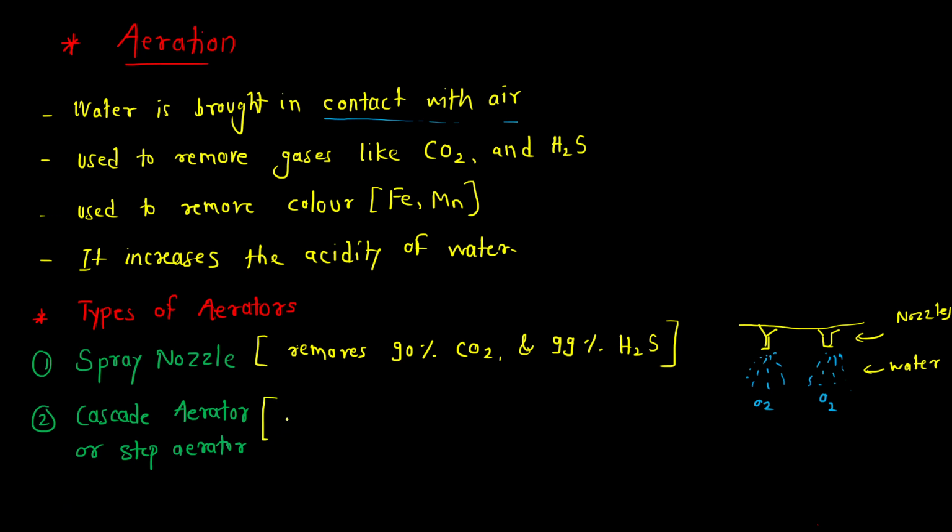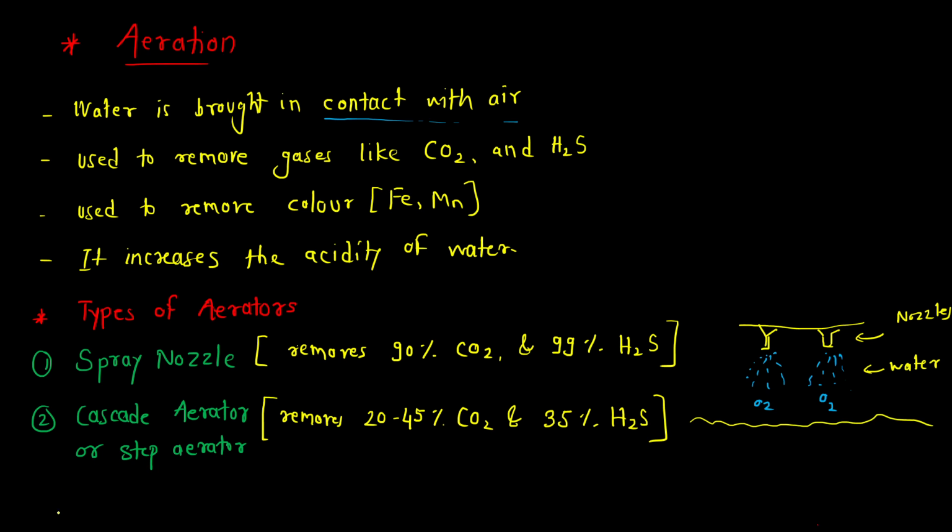It removes 20 to 45% of the CO2 and 35% of H2S. So you can see now that the first one, the spray nozzle, is more efficient than the Cascade Aerator.